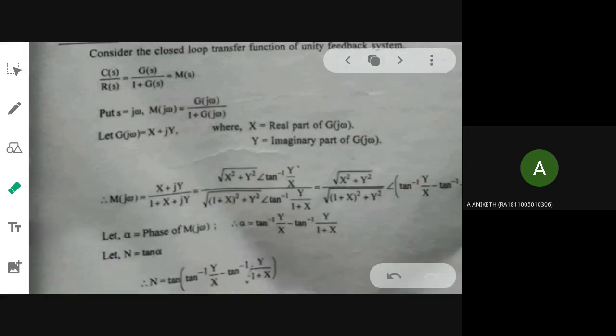So tell me, how will you write the angle expression? This is your M of j omega, which is given by x plus jy divided by 1 plus x plus jy. If magnitude is real part squared plus imaginary part squared, angle will be tan inverse of what to what ratio?